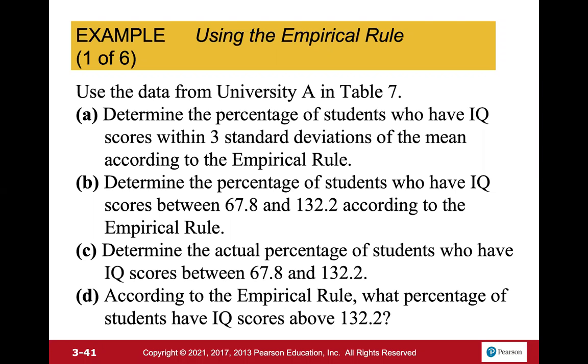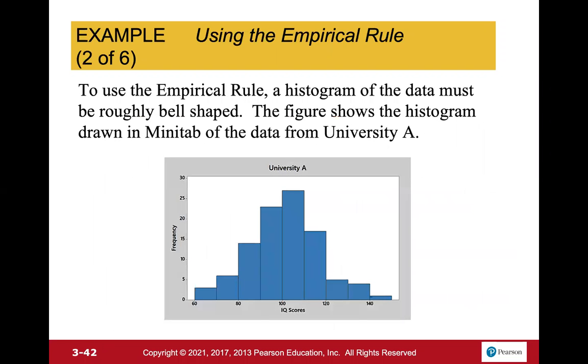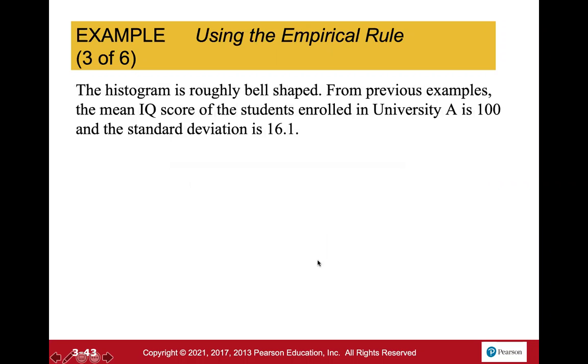Then determine the actual percentage of students who have IQ scores between those two. Looking at this histogram, for the empirical rule it must be roughly bell-shaped. This looks roughly bell-shaped, so we can continue on. The histogram is roughly bell-shaped from the previous examples.